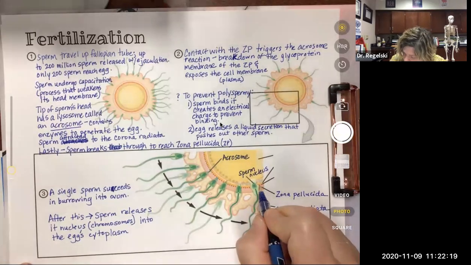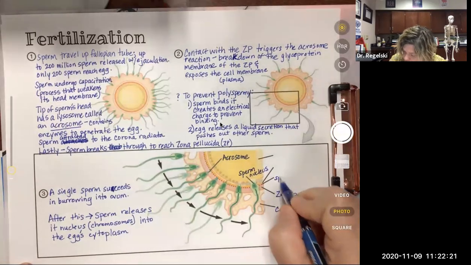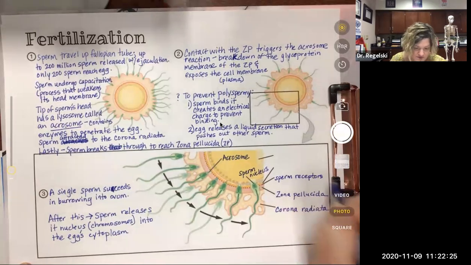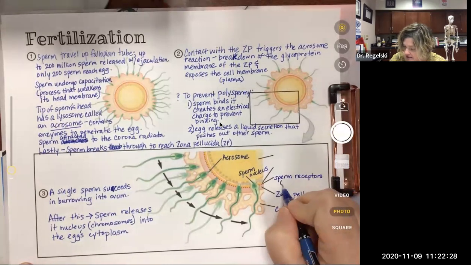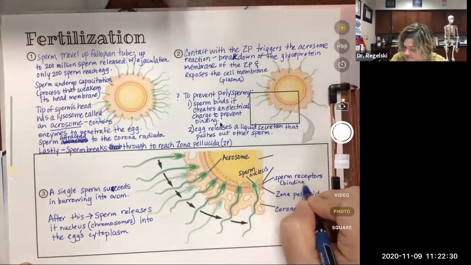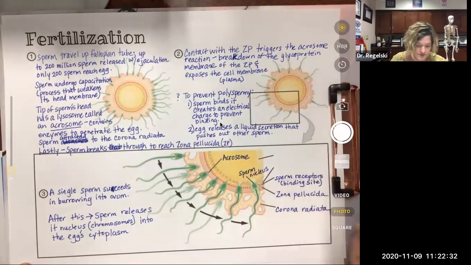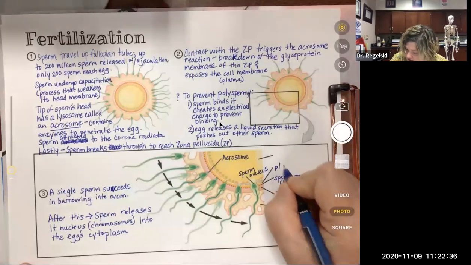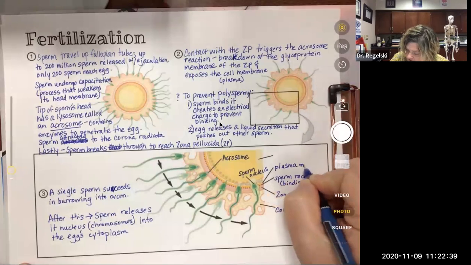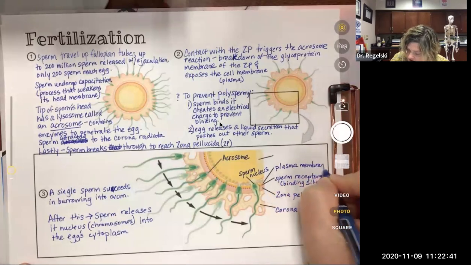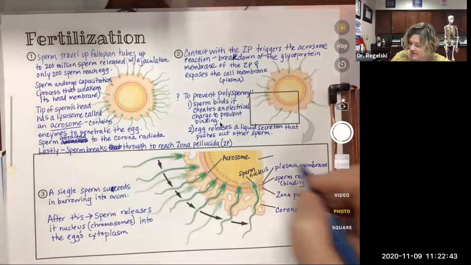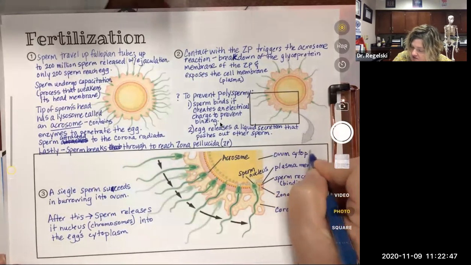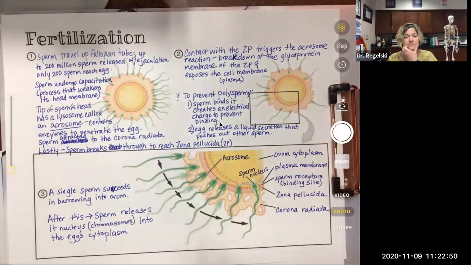Right here, these little red dots are sperm receptors. These are the binding sites. Underneath that is the plasma membrane of the egg. And within that is the ovum cytoplasm.